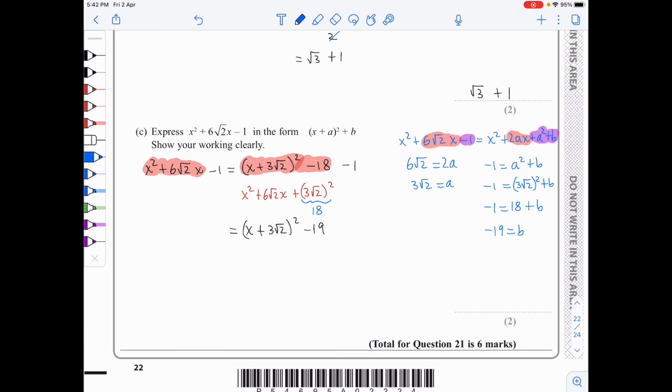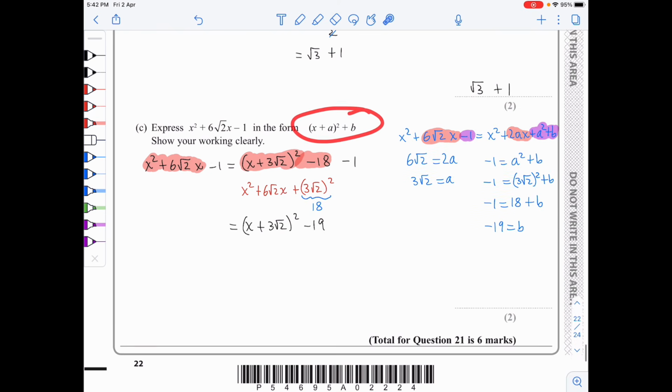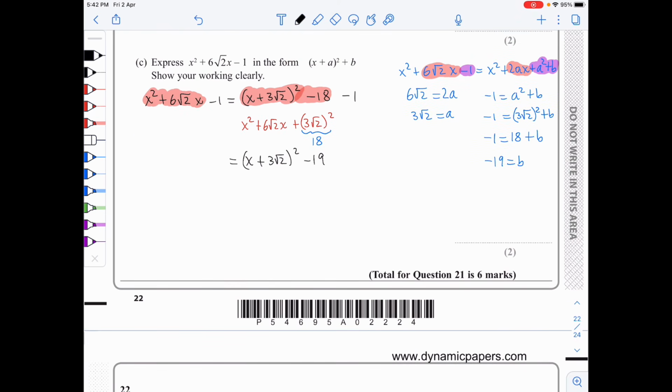We are asked to express this in that form, so I guess it makes sense to have the final answer being x plus 3 root 2 all squared minus 19. So that was question 21.